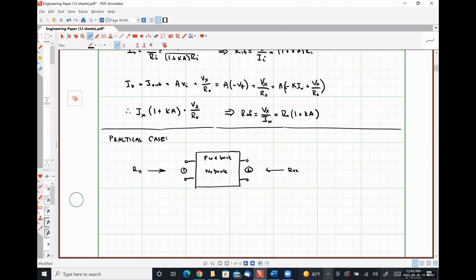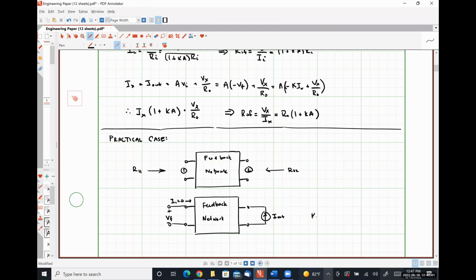To determine our feedback factor K, we take our feedback network, apply a current source on the right-hand side, and measure the voltage on the left-hand side across an open circuit pair of terminals, such that the current I1 flowing into port 1 is 0.